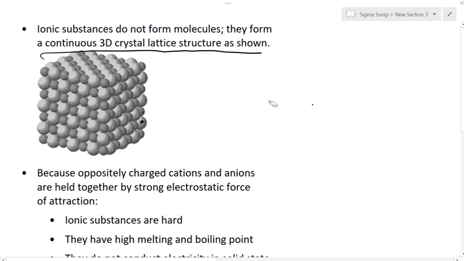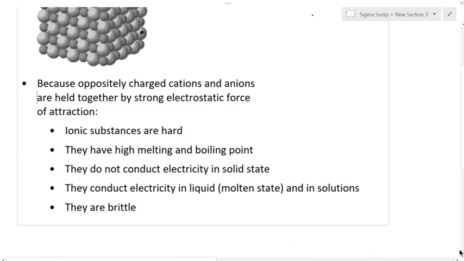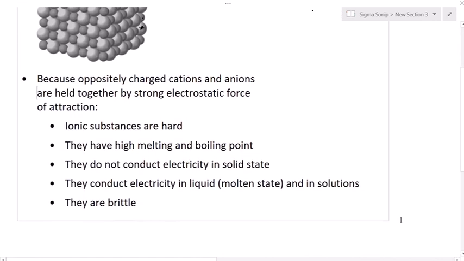Then, second, looking at the very nature of the bond with which these cations and anions are held together by a strong force, we can understand many properties of ionic substances. Ionic substances are hard, because, as we saw above, the positive and negative ions are held together very tightly, so it's difficult to break and deform them.